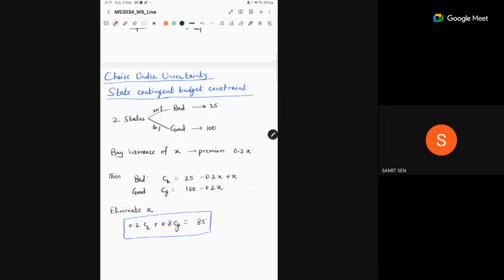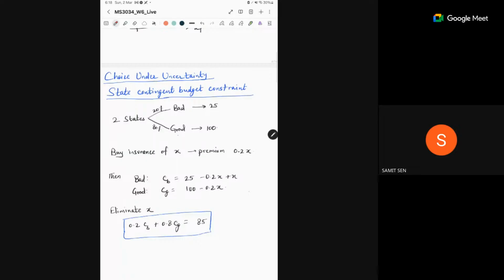For example, let's suppose there are two states. There is a 20% chance that in the future there would be a bad state, and an 80% chance there will be a good state. It can be anything, like in the bad state you have an accident, in the good state you don't have an accident.